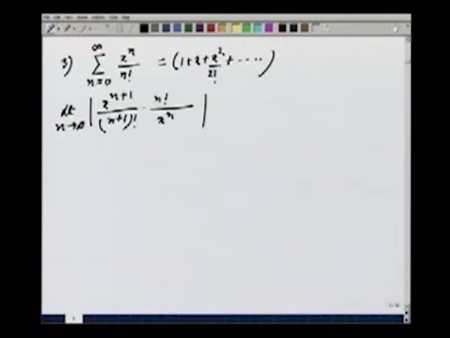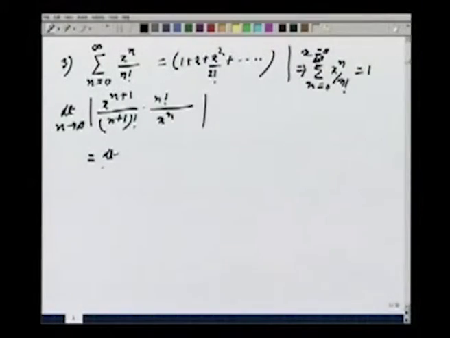Notice that if I put x equal to 0, then summation n from 0 to infinity x to the power n by factorial n is equal to 1. So the problem of convergence is not there if x is 0. It is only there when x is non-zero.